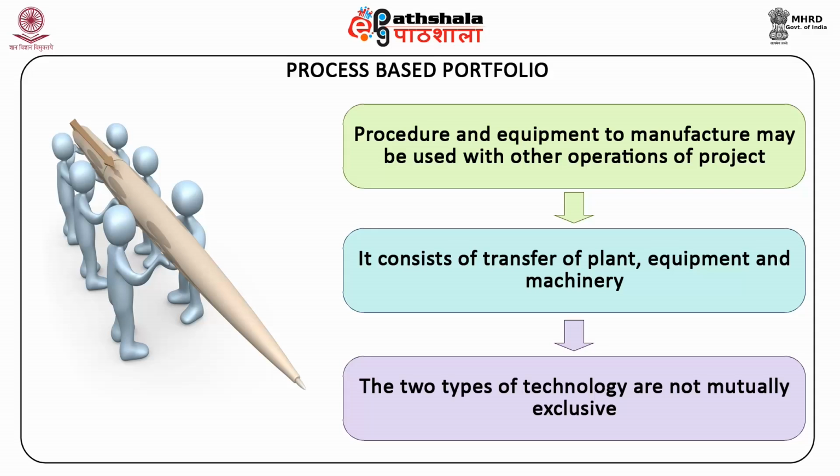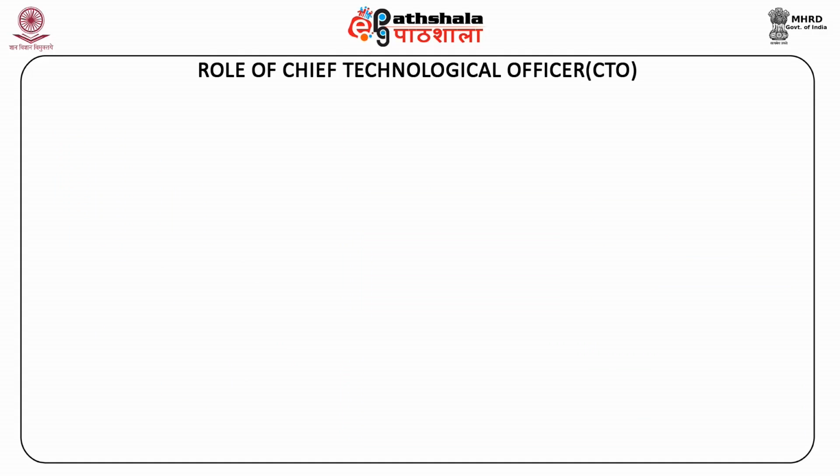Both product and process technology require providing of skills and know-how related to manpower or human resources of the particular project. The third one is the role of Chief Technological Officer.